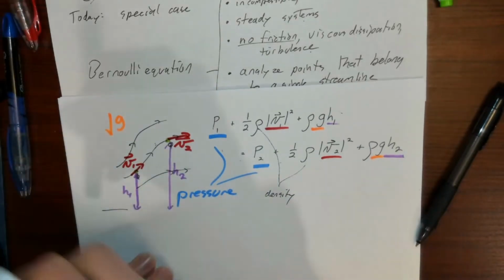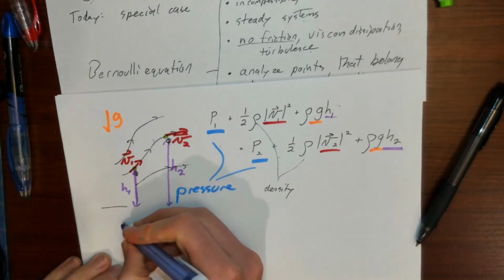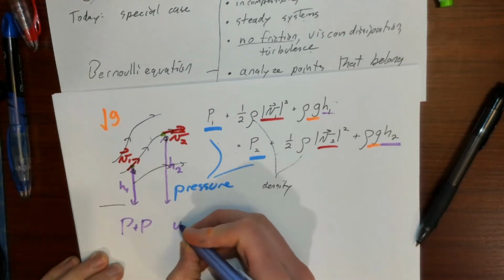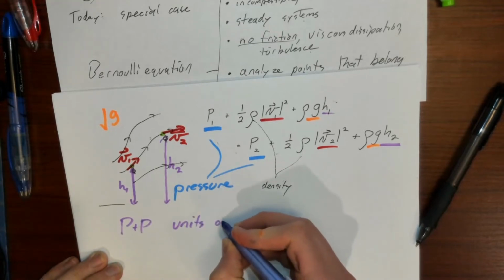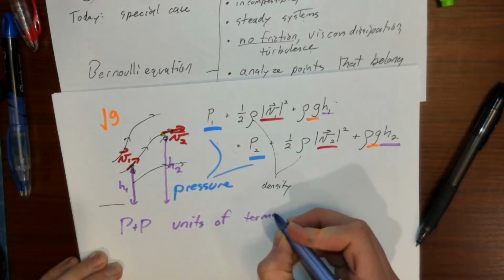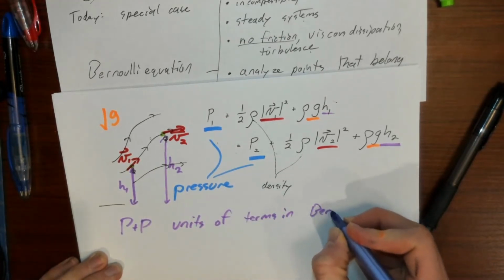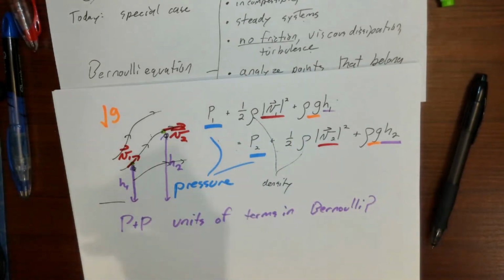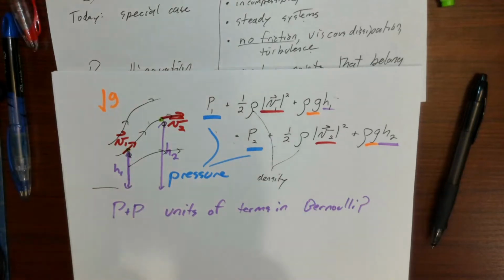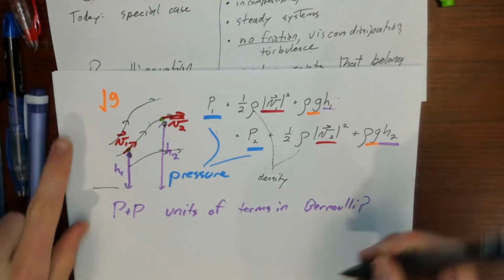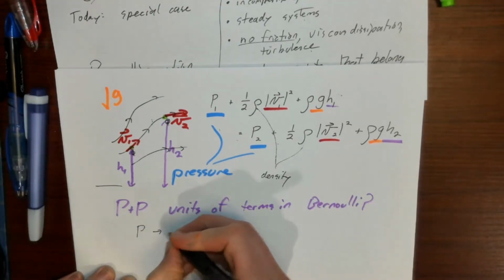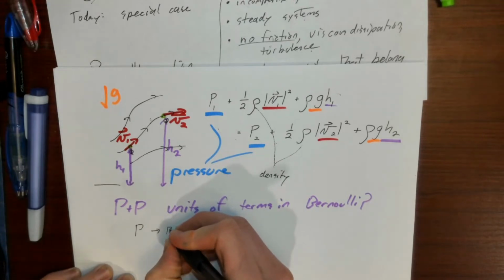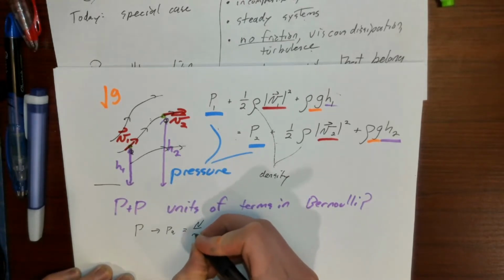So take a moment now, pause and ponder. What are the units of each of the terms in the Bernoulli equation? Well, if we work it out, the pressure terms, of course, have units of pascals or newtons per meter squared.